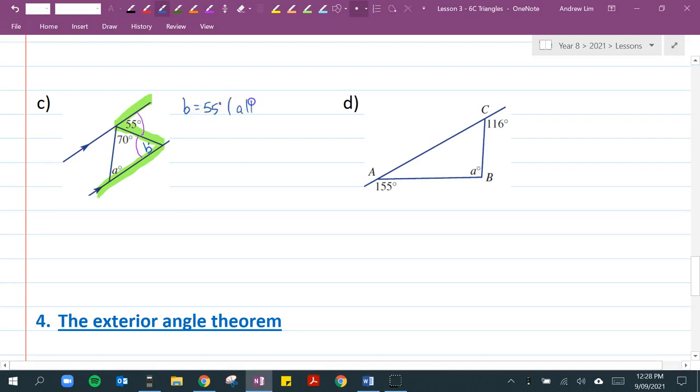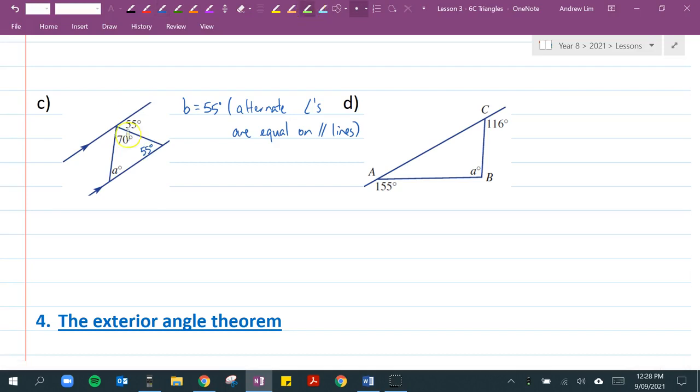Because alternate angles are equal on parallel lines. Well, now that I've done that, technically I can just replace that with a 55 down here.